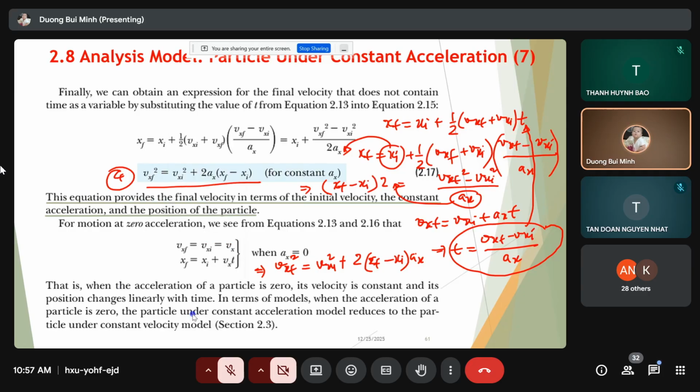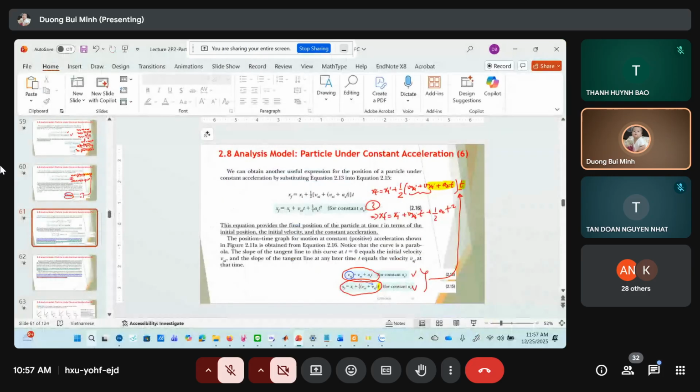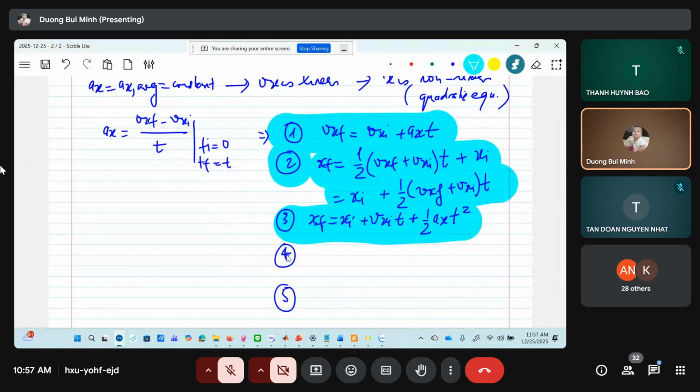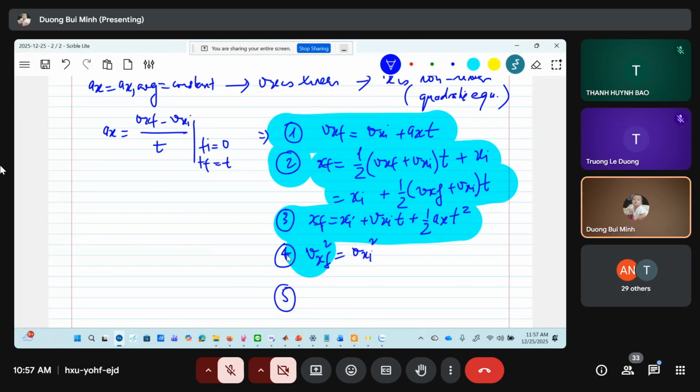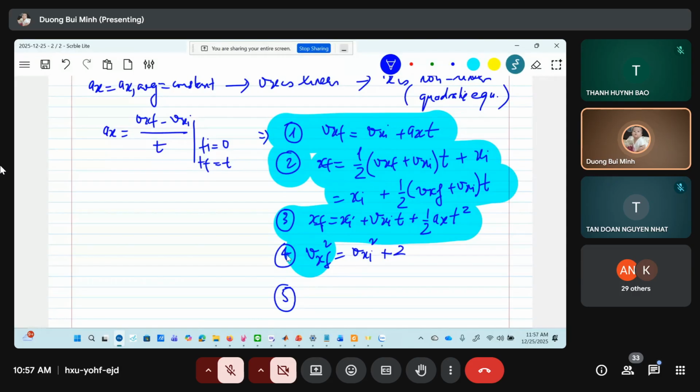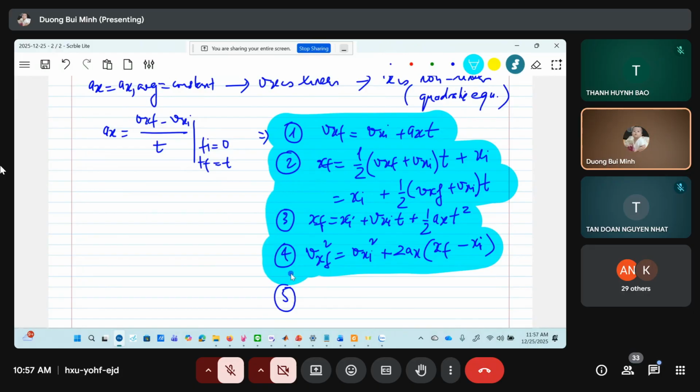So Vxf squared is Vxi squared plus 2ax times xf minus xi.